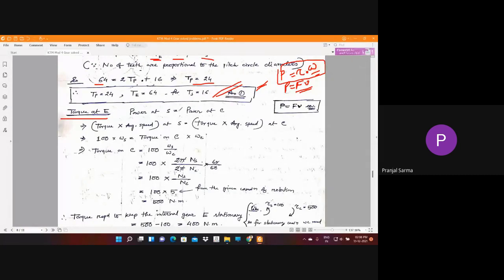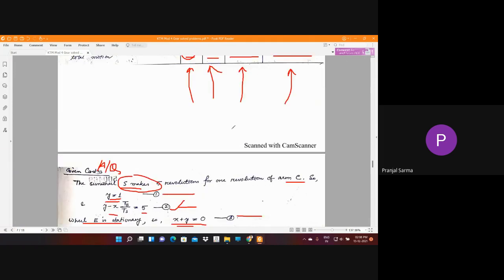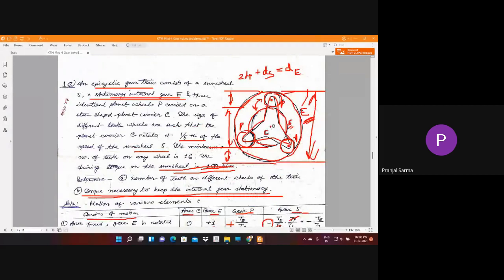Now for the torque at E, what can we write? Whatever is the power at S, that itself is equal to the power at C, because C is nothing but the carrier. The carrier is directly attached here, pivoted here, and at the extended arms we have got the planet wheels.